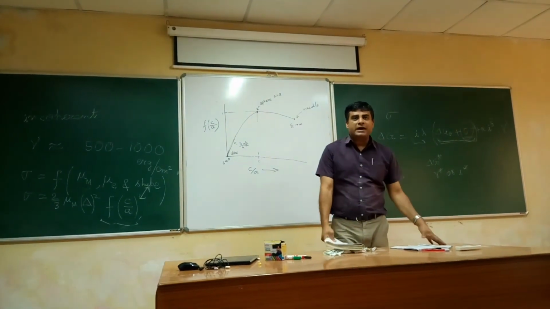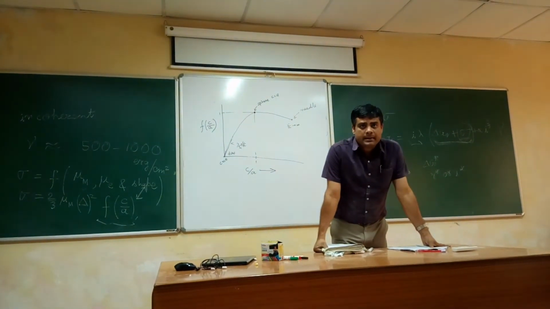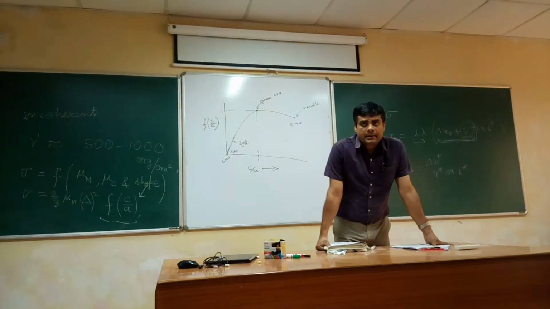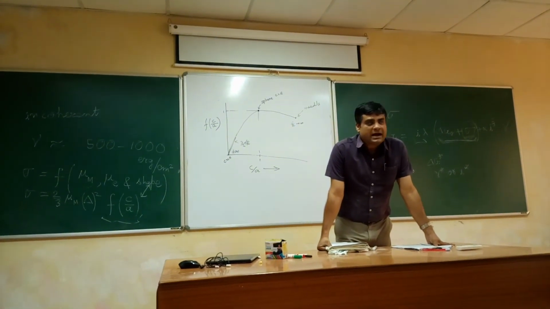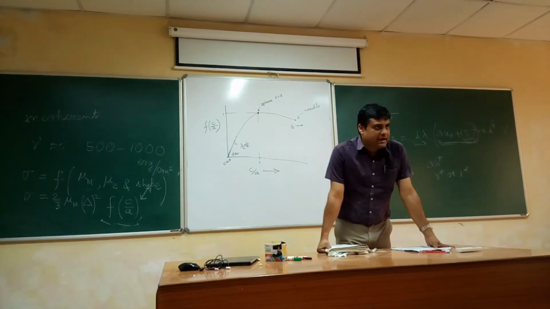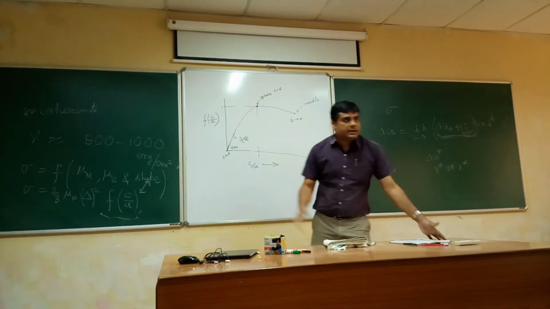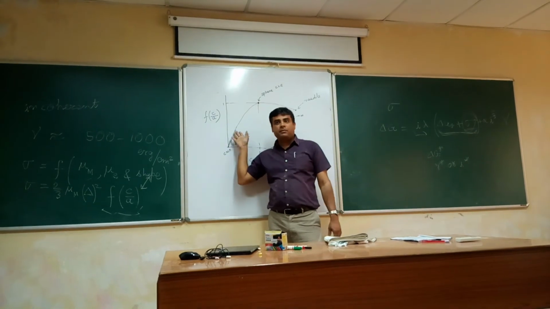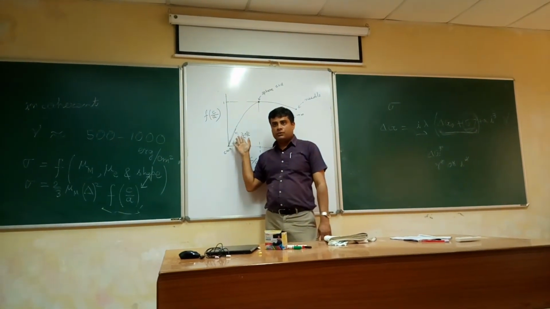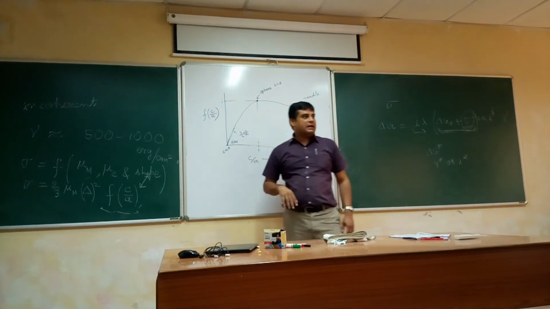So sigma will be lowest for which shape? If it is an incoherent precipitate, sigma will be lowest for disk shape, because this factor should be low. But what will that make?